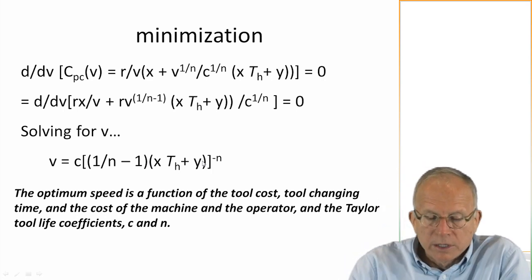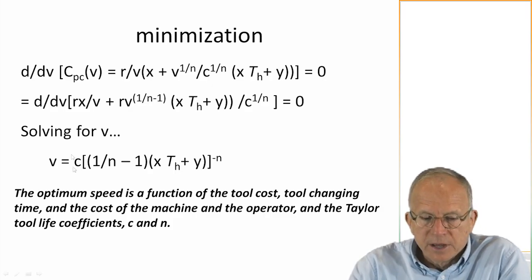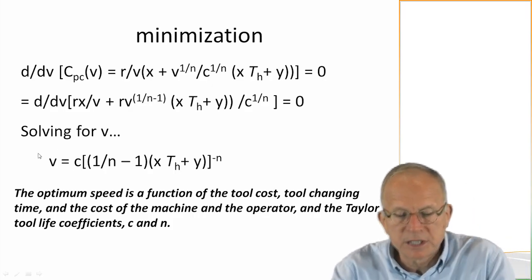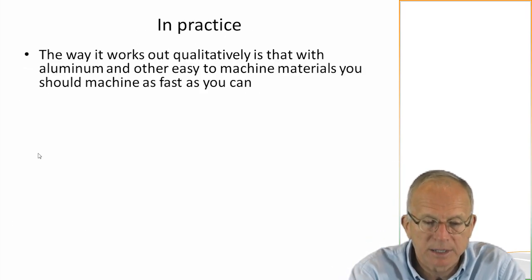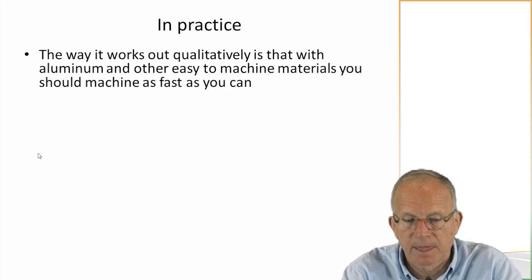So these all have some impact on what the best speed is. So it would seem like that might be a good thing to do, to use that. But in practice, actually, nobody does.